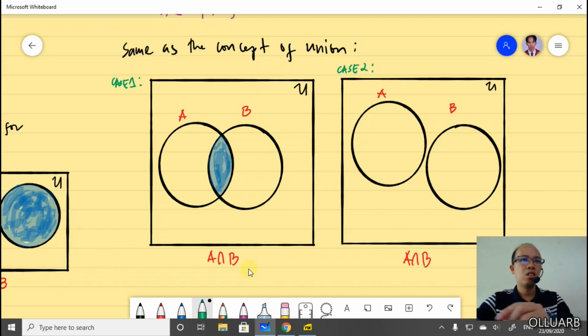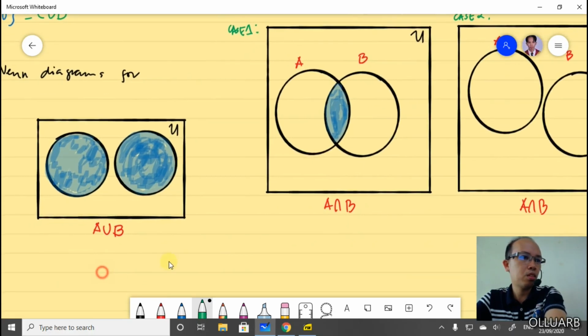For this second case, there is no intersection, therefore you cannot shade any region here. So those are the two possible cases for the intersection.